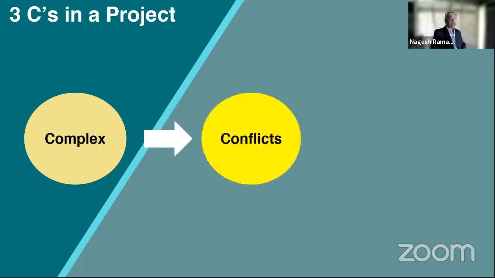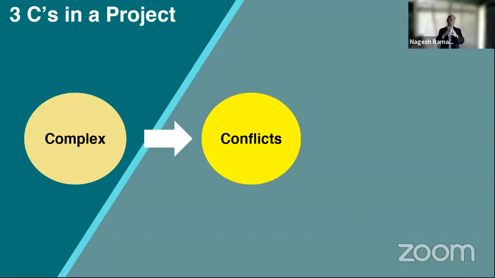The second C is conflict. Because things are complex, there are conflicts. If you take people itself, there are 40, 50 consultants working together on a project, don't you think there will be conflicts? Conflicts of behavior, conflicts of egos, conflicts of knowledge, conflicts of what each one is saying, the other fellow doesn't like it. There are conflicts within people. There are conflicts within services.